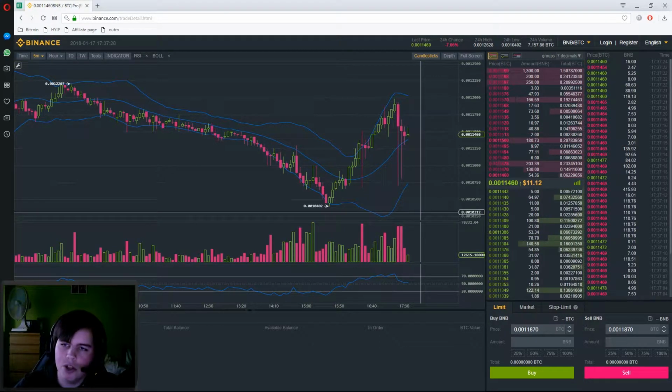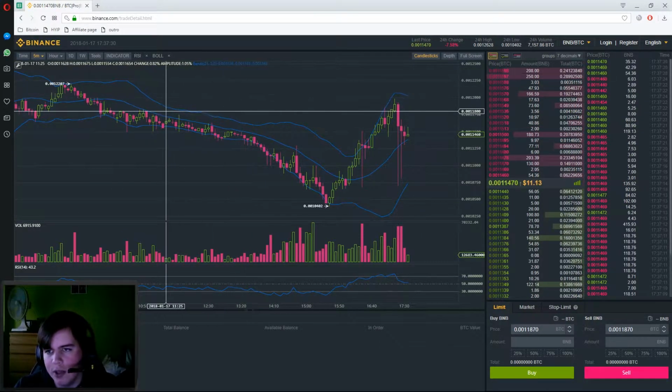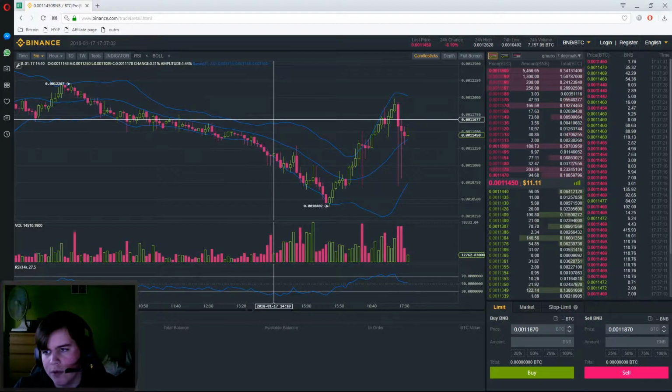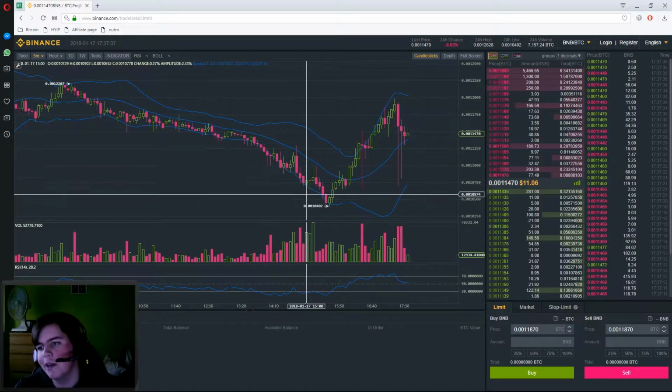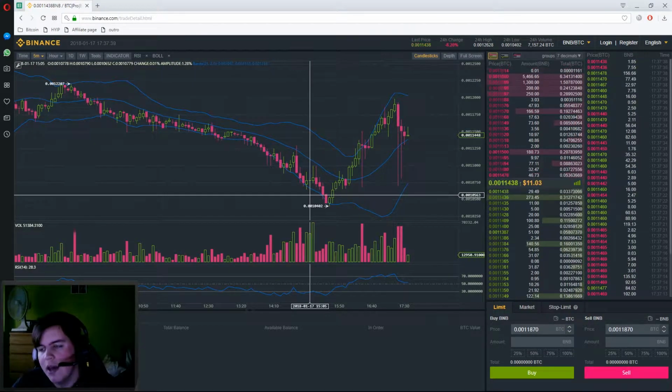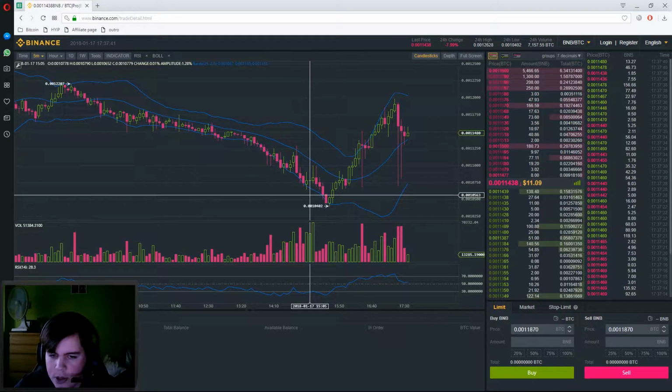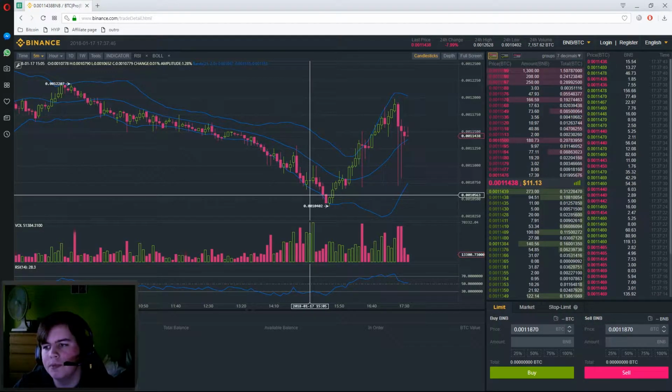With the Bollinger Bands, there are some things you have to keep in mind. You will have the top Bollinger Band, the middle Bollinger Band, and the lower Bollinger Band, and those have a different purpose depending on how the market is going.